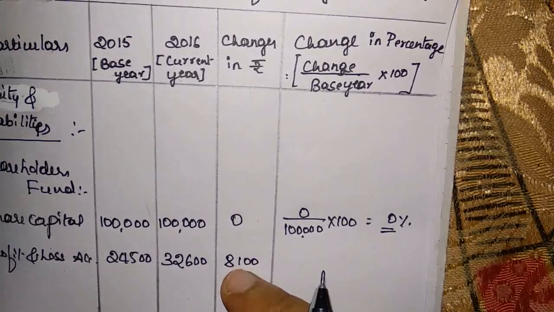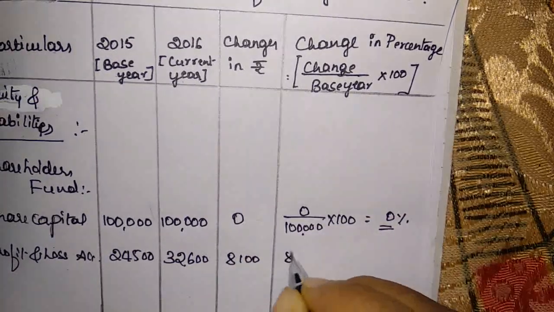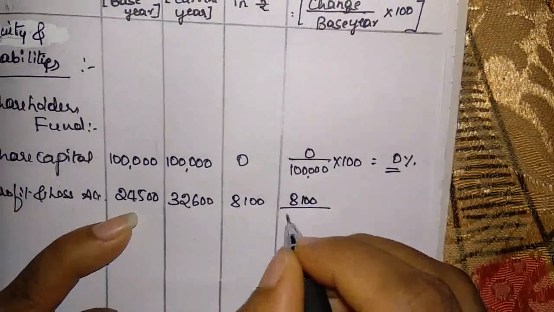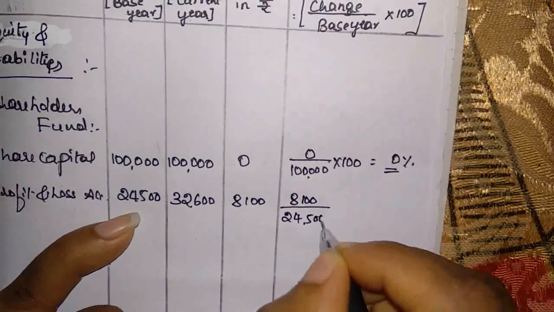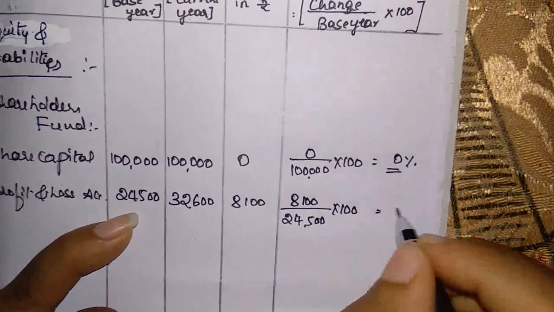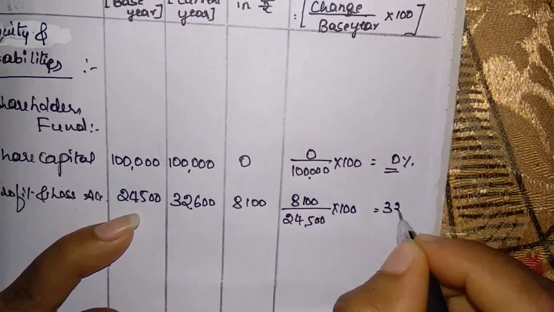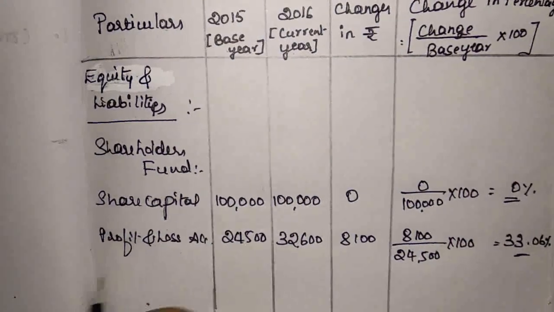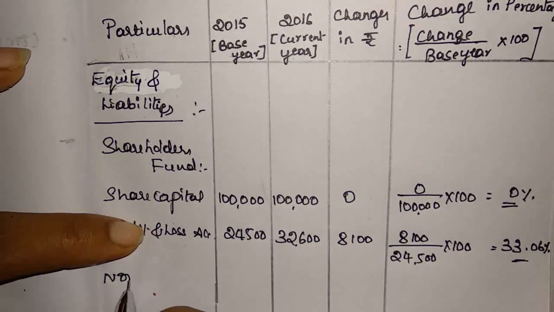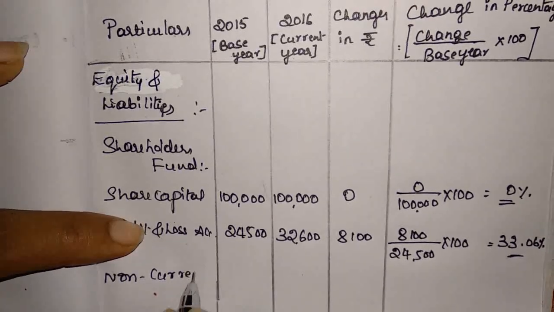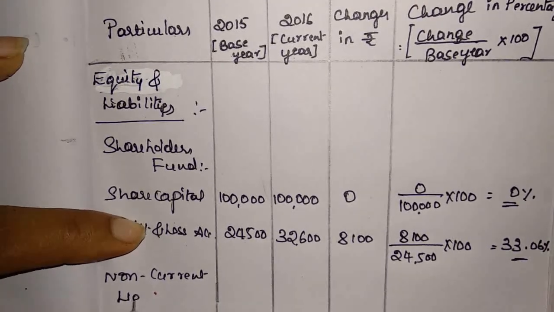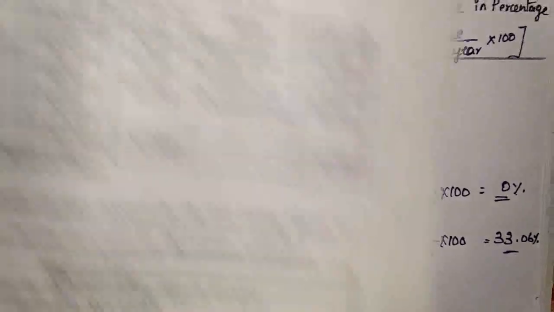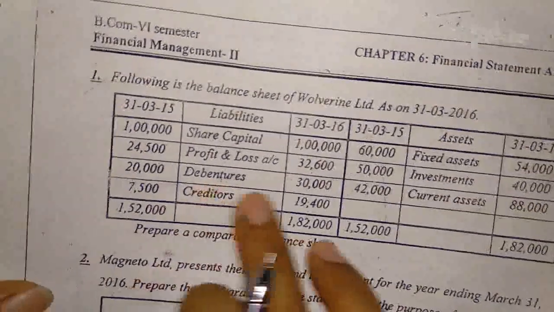Change in rupees is 8,100, divided by base year value 24,500, into 100, and the percentage is 33.06%. Then the second component is non-current liabilities. Under non-current liabilities there is only one item, that is debentures.